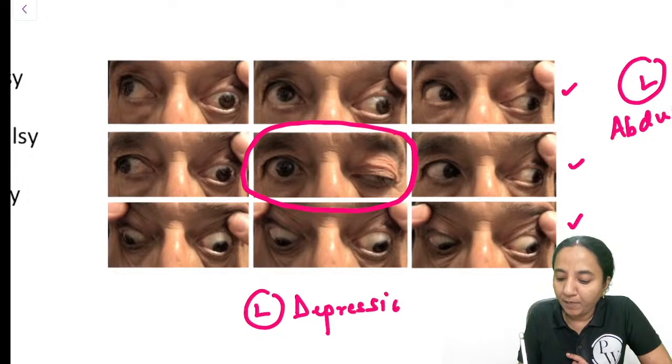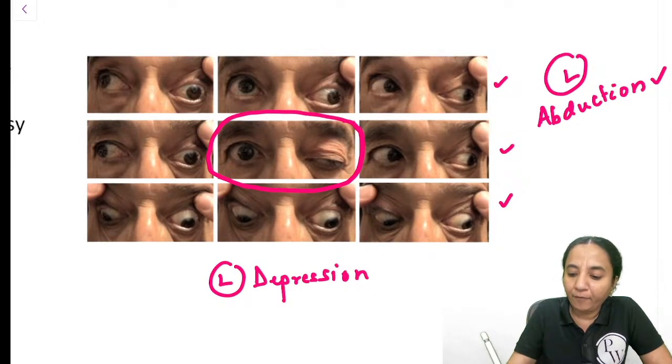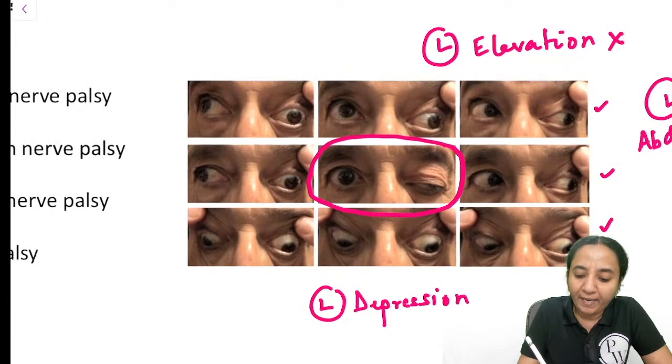So it is able to abduct and able to depress. But look at the upward pictures: in the left eye the elevation is affected, and the adduction is also affected.